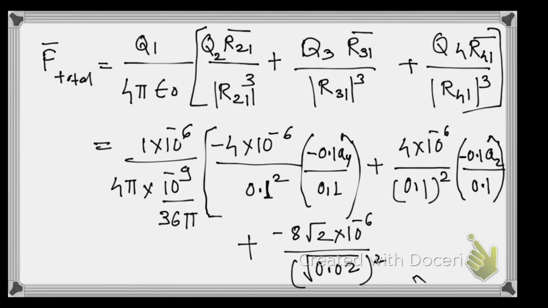Its cube, or we can directly write raised to 3, and here only we have to write 0.1 ay cap minus 0.1 az cap. Either we can multiply the square of magnitude by another magnitude of that quantity, or we can write raised to 3 like this.